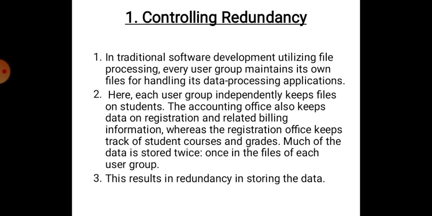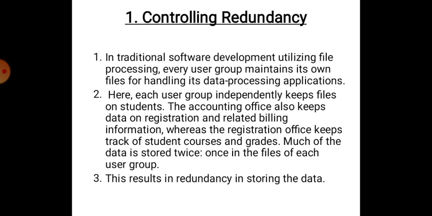The accounting office keeps data on registration and related billing information, whereas the registration office keeps track of student courses and grades. Much of the data is stored twice, once in the file of each user group.